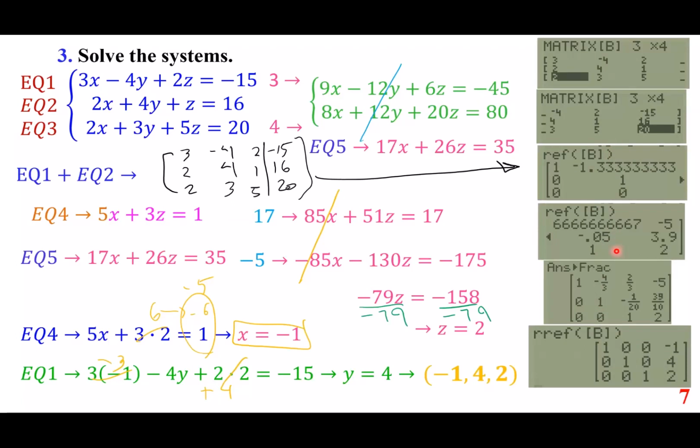But if we go with reduced row echelon form, first of all, this is a 3 by 3 identity matrix. Identity matrix, all entries are zeros except the main diagonal. So that means X is -1, Y is 4, and Z is 2, and that's exactly what we got here. So REF in one shot will give you the answer. Those are the answers that we have.